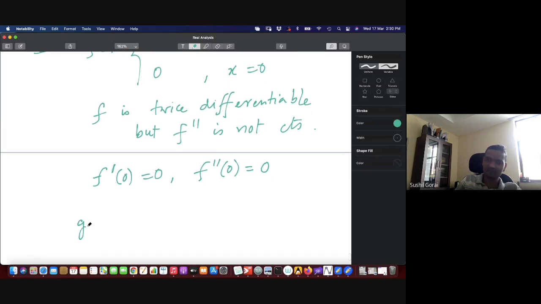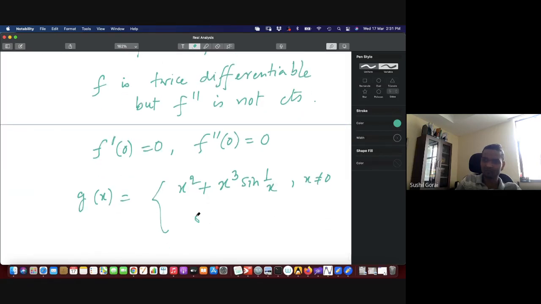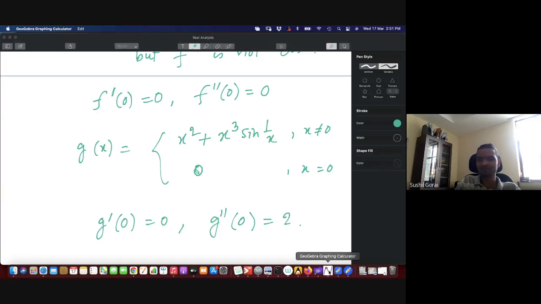Now if you consider g of x to be x square plus x cube sine 1 over x when x is not equal to 0, and 0 when x equals 0, g prime 0 is 0, g double prime 0 is 2. Let us check. This example I have just constructed. I have not checked before.